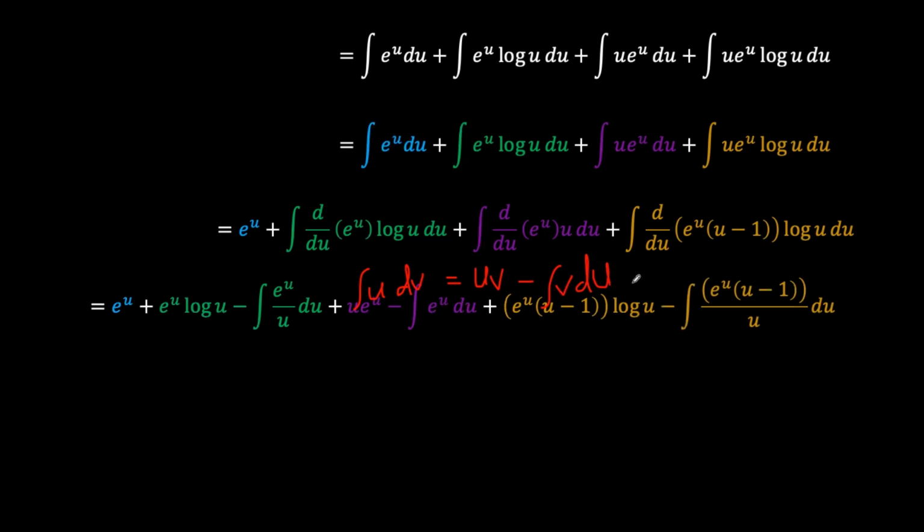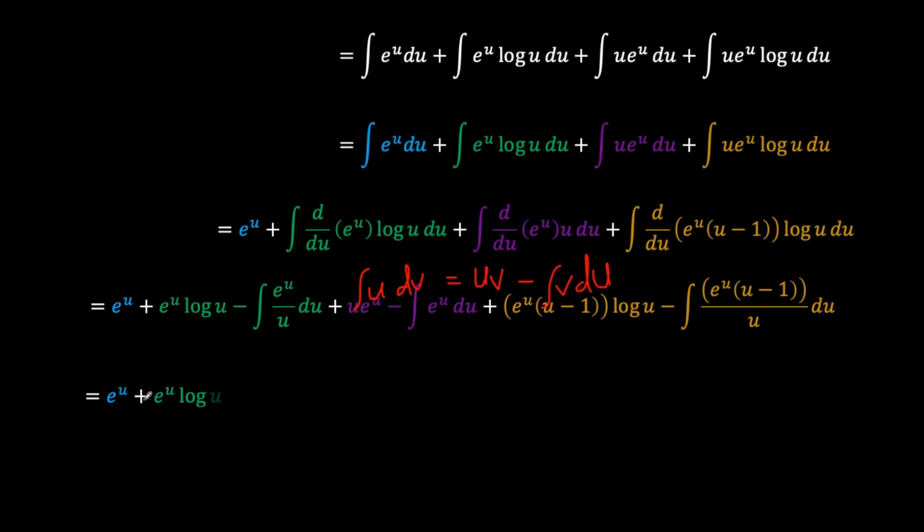And then for the yellow, our u is going to be log u, and our v is going to be e to the power u times u minus 1. And then the derivative of log u is obviously 1 over u, and so du is 1 over u times v, which is e to the power u times u minus 1.